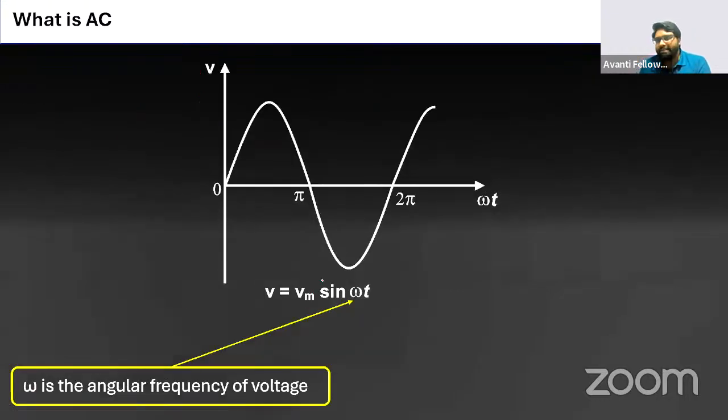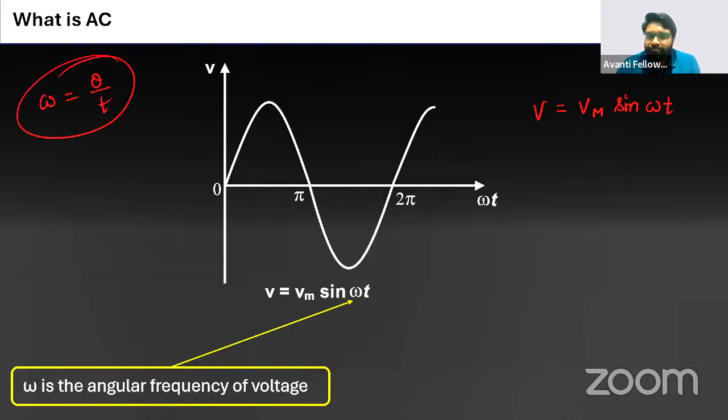Here we will understand what the various terms are. So V is equal to Vm sine omega t. I'm writing it here only. Omega is nothing but the angular frequency of the voltage. Angular frequency means, suppose this function is changing with time, and if this function is changing, there must be some term for it. That is why we have introduced angular frequency here, because angular frequency is nothing but the change of angle, theta by t.